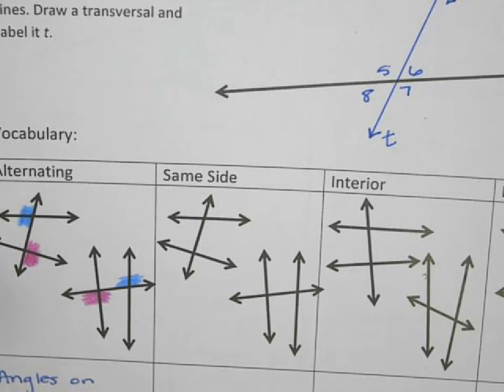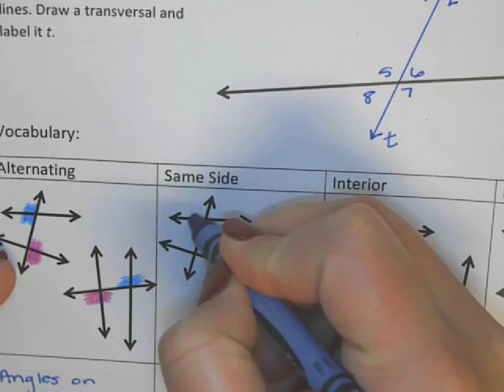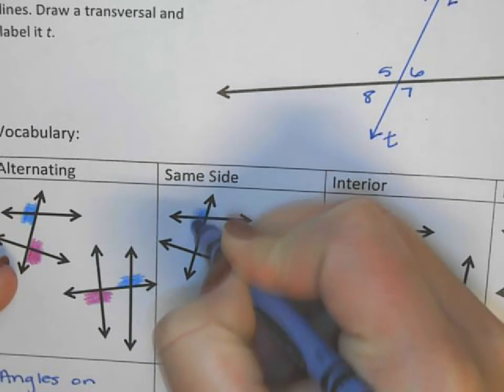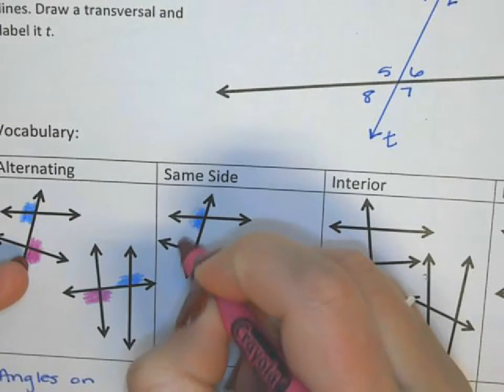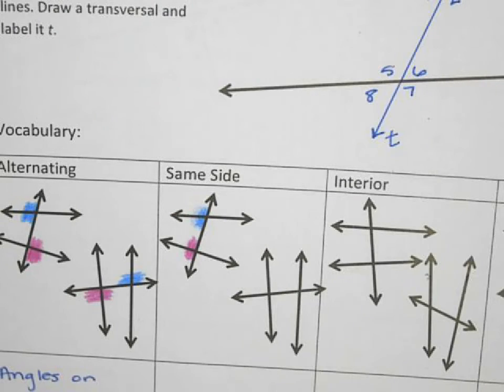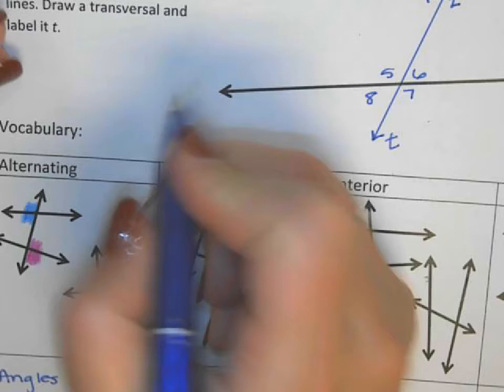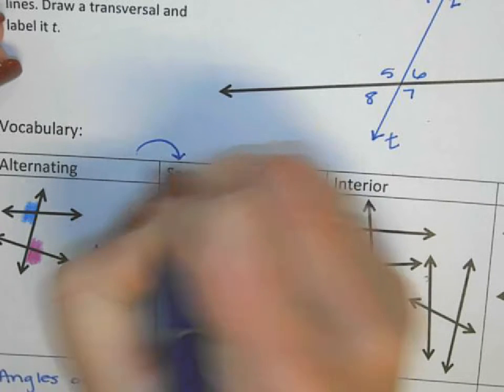If we're talking about angles on the same side, that means we're talking about the same side of the transversal. If we're talking about the left side up here, we're going to stay on the left side and talk about an angle down here. These two vocab words use the transversal.